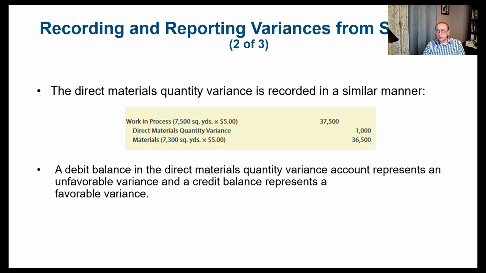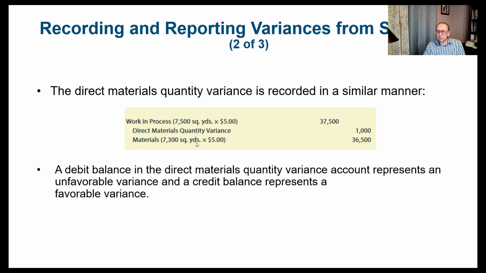So the direct materials quantity variance would be recorded in a very similar manner. So we start with the actual work in process, which is the actual yards used, 7,500. So we debit the work in process, 7,500, based on the standard price, which is $5, so that's 37,500.